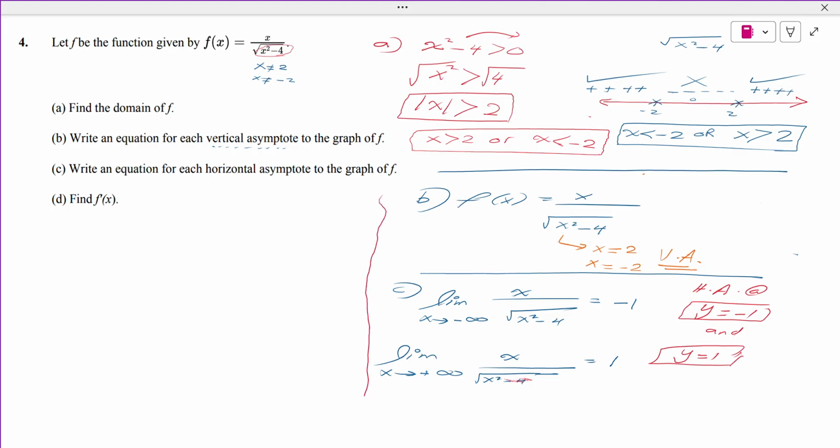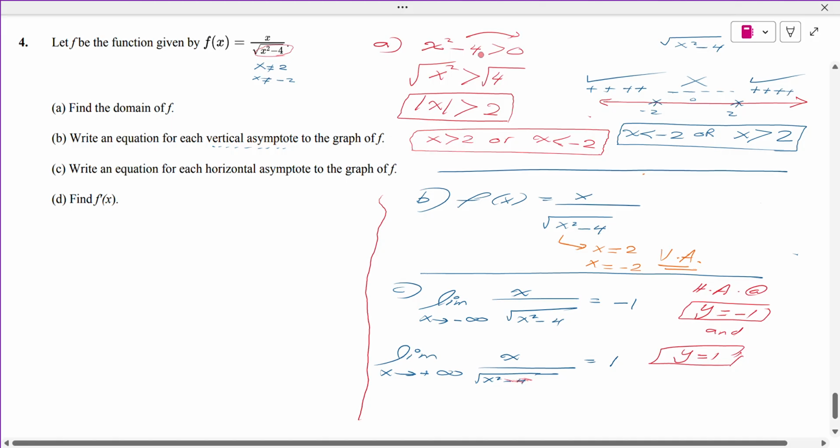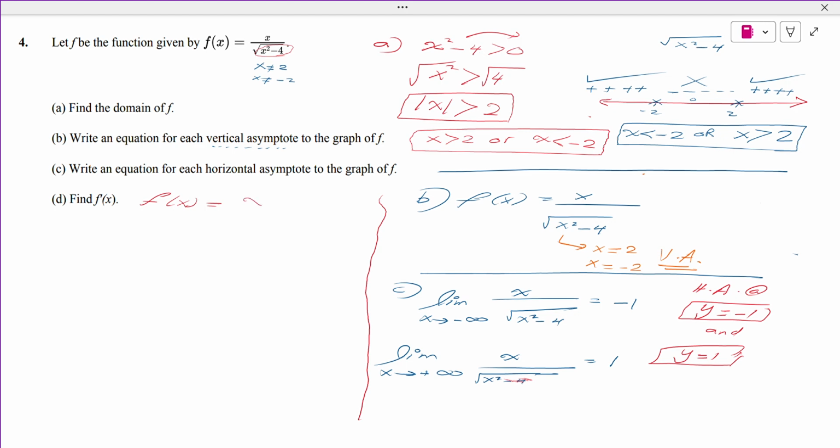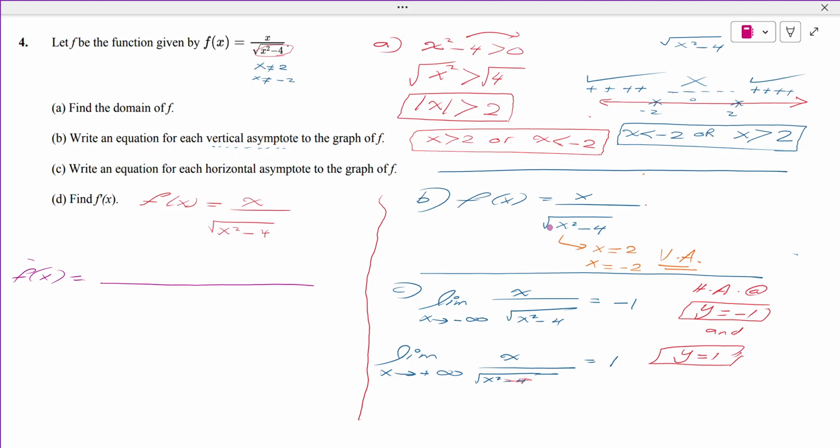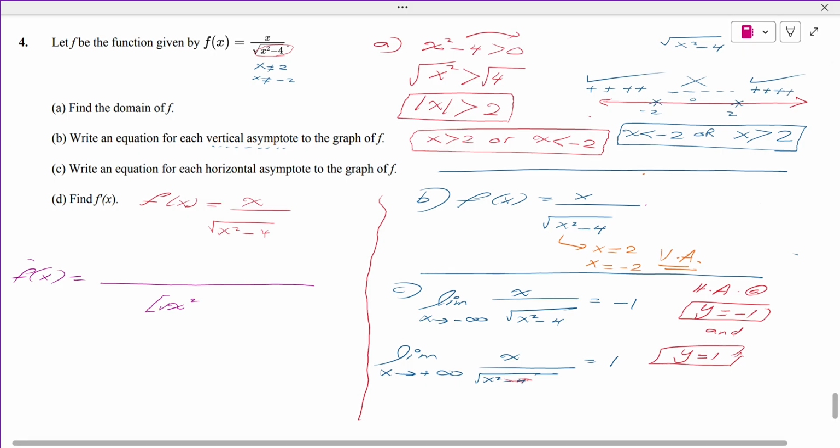So let's look at part D, which says find f prime of x. Again, we have f of x equals x over the square root of x squared minus 4. Finding the derivative of this function requires the chain rule. So f prime of x equals, I like always to start with the denominator squared.